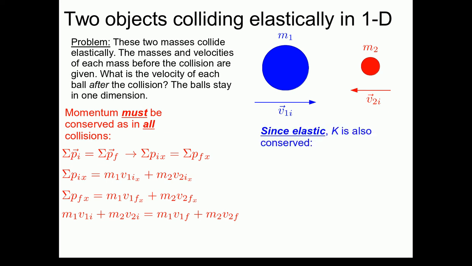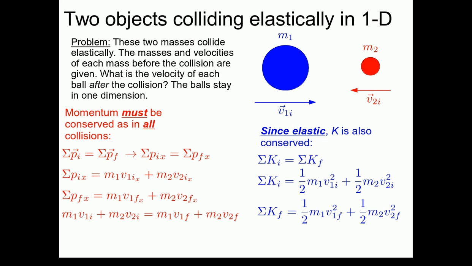Since this is an elastic collision, we know that the kinetic energy is also conserved. Written mathematically, the sum of ki must be equal to the sum of kf. Initially, we have 1/2 m1 v1i squared plus 1/2 m2 v2i squared. That's our initial kinetic energy in the system, the sum of the kinetic energies of the two objects.